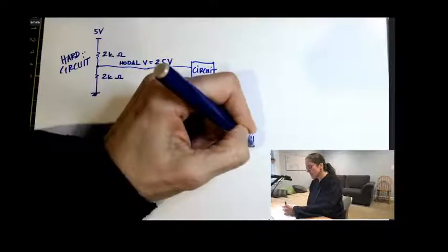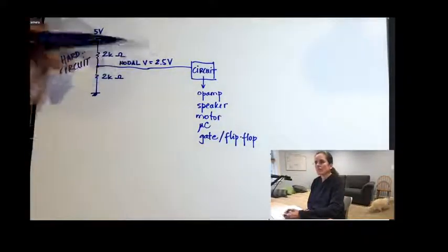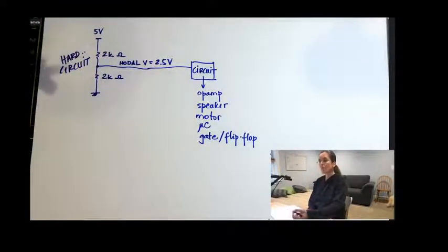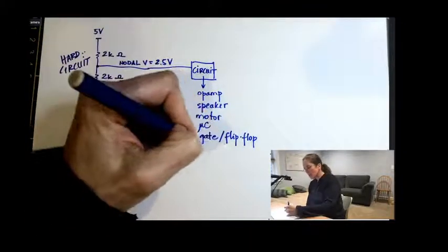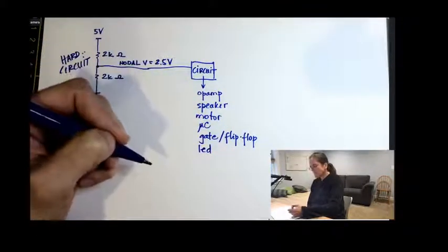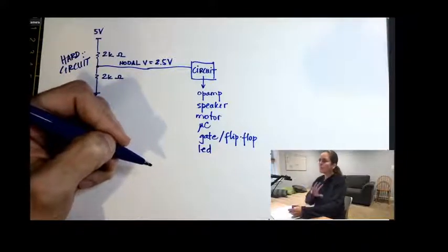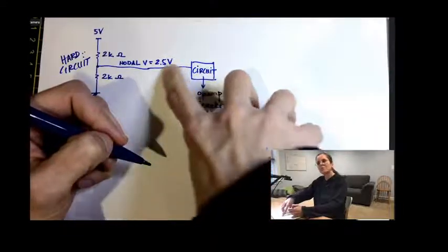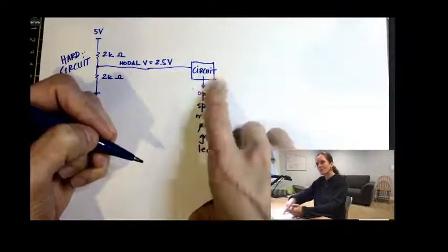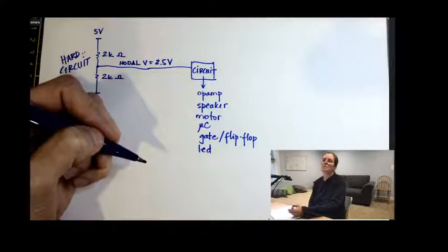Of course, I don't know that they make gates that are powered by 2.5 volts. Whatever load, it could be an LED. It could be a light bulb. So it doesn't matter. Well, it matters a little bit which load you want. You're powering, or you're using this voltage to do something in your next circuit.